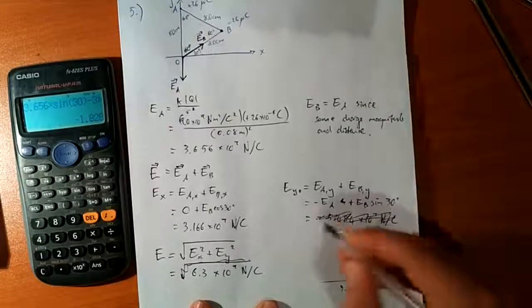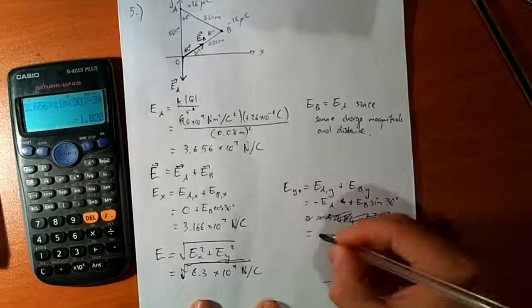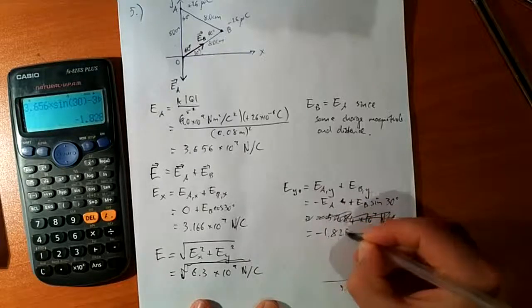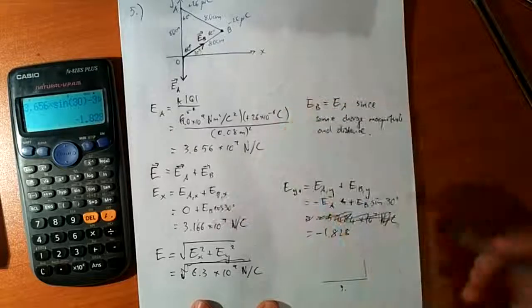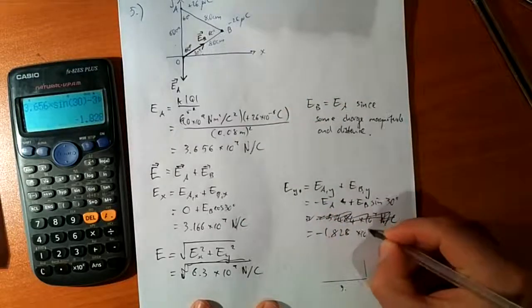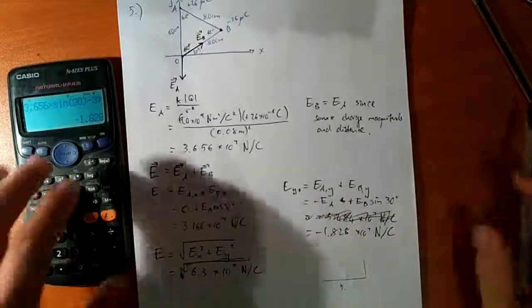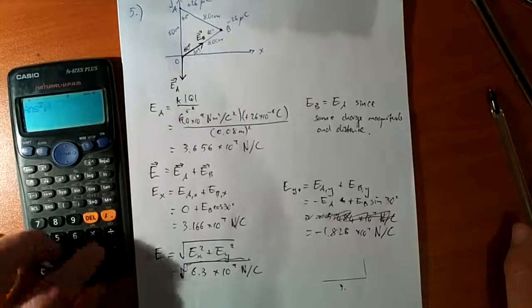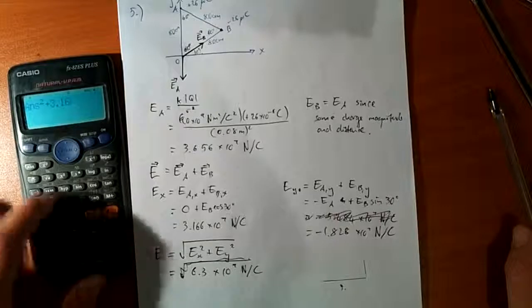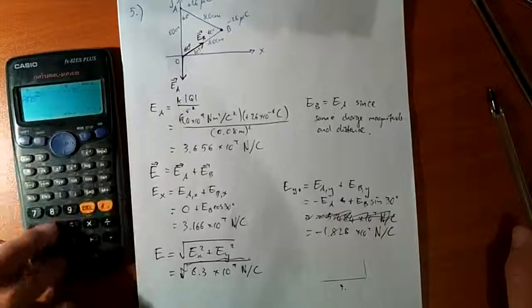Good. Always be vigilant. See if the values make sense to you. Just geometrically looking at it, it didn't make sense that this value should be larger than this value. Minus 1 times 10 to the 7 newtons per coulomb. Okay, so we take that thing squared plus this other one squared to the power 0.5.